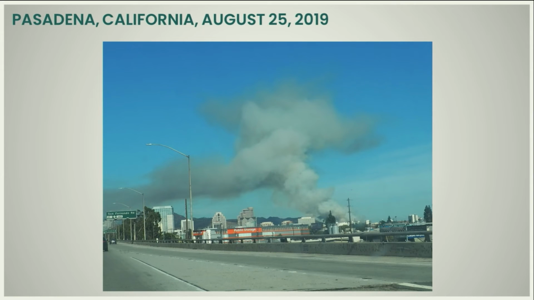Here's another fire in a more accessible area in Pasadena, and this was one that I encountered as I was driving by. I took this picture in August of 2019. The brush fire in a canyon caught fire and set fire to really the city.